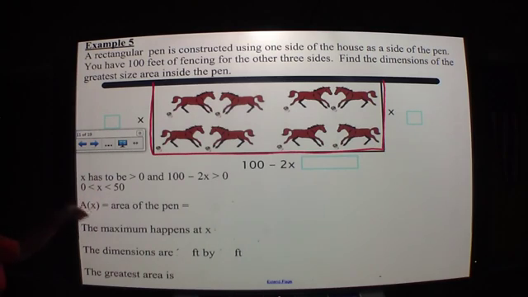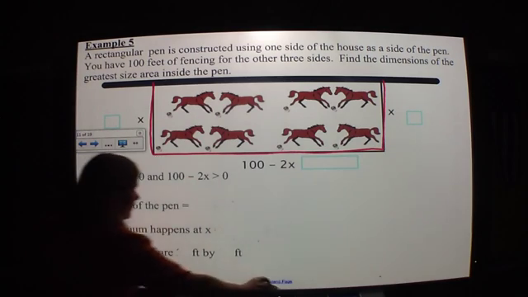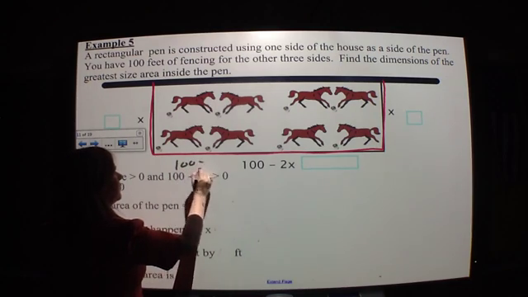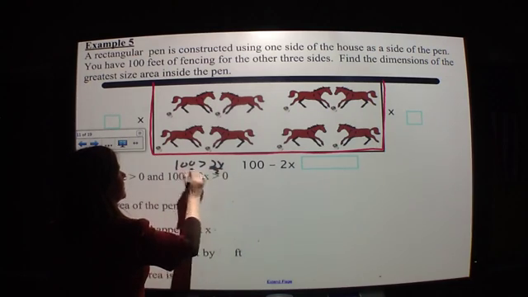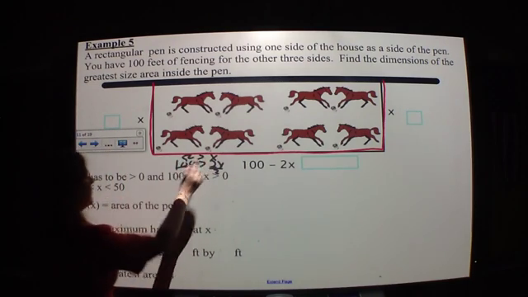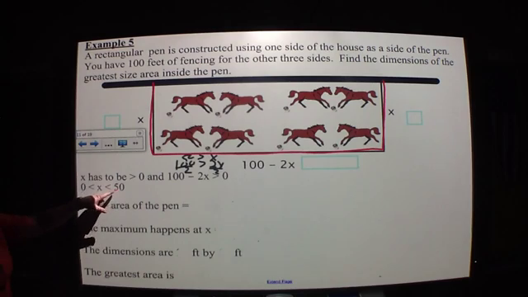So x is greater than 0. If you take this and solve it, move the 2 over, 100 is greater than 2x, divide by 2. You have 50 is greater than x, or x is less than 50. There's the x is less than 50 part. So x is between 0 and 50 somewhere.